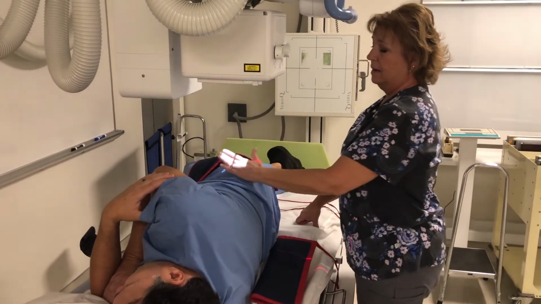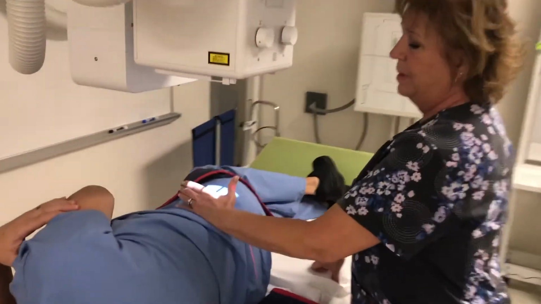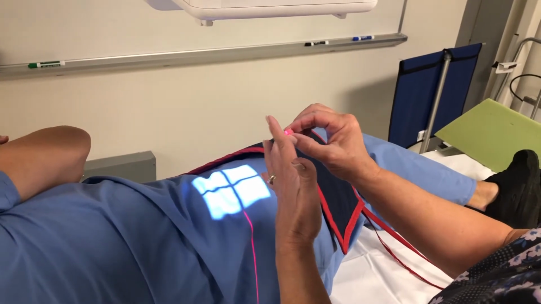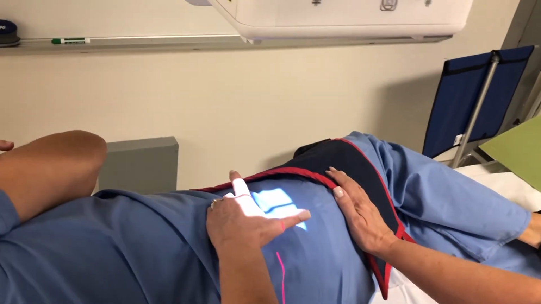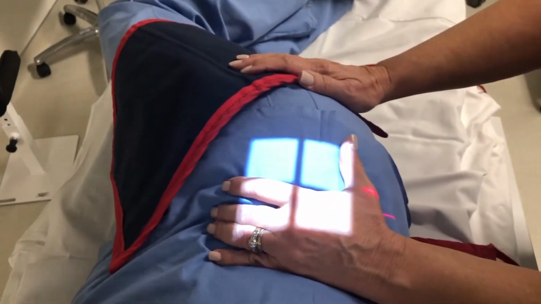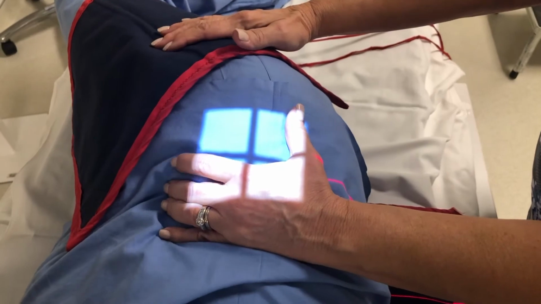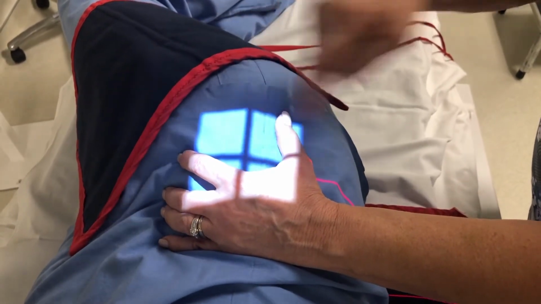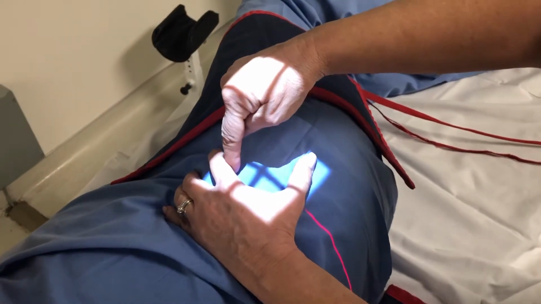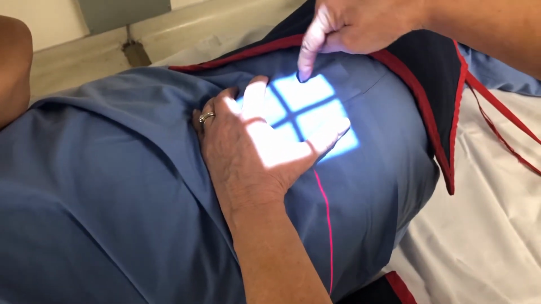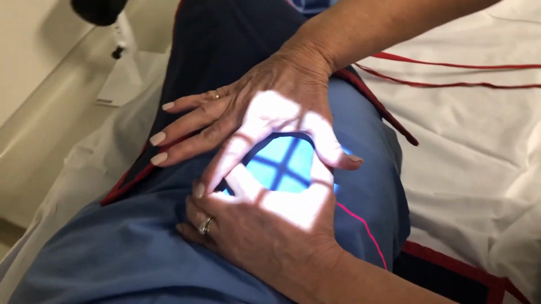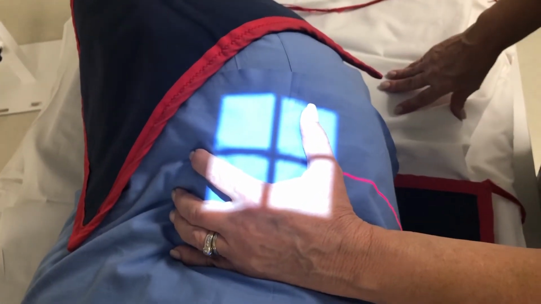For me, if I grab the top of the pelvis with my hand and the distal phalanx of my third finger, if I place that on his ASIS and I place my hand at the top of his crest, I've created kind of a C shape, and I'm going to center right in the middle of that, pretending that if I carried this around, it would be a circle. So half the circle is created by my hand. If I made a circle, the X would be right in the middle of that circle.